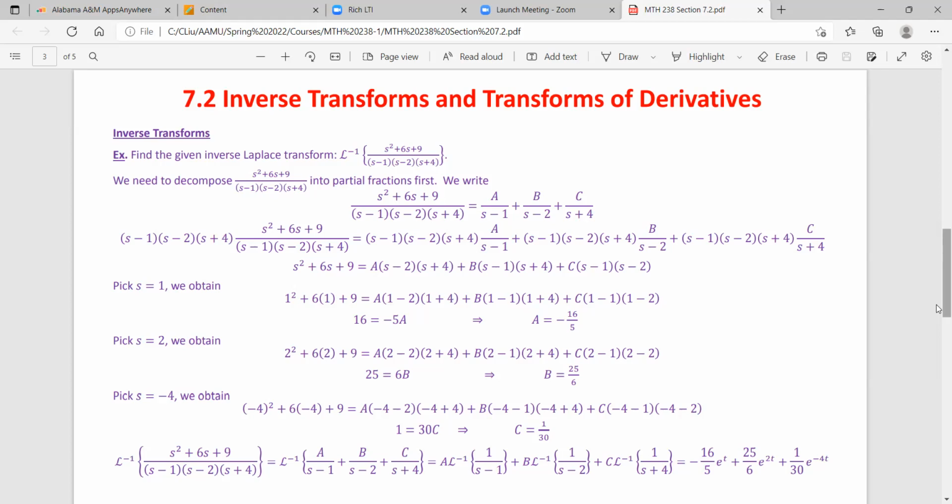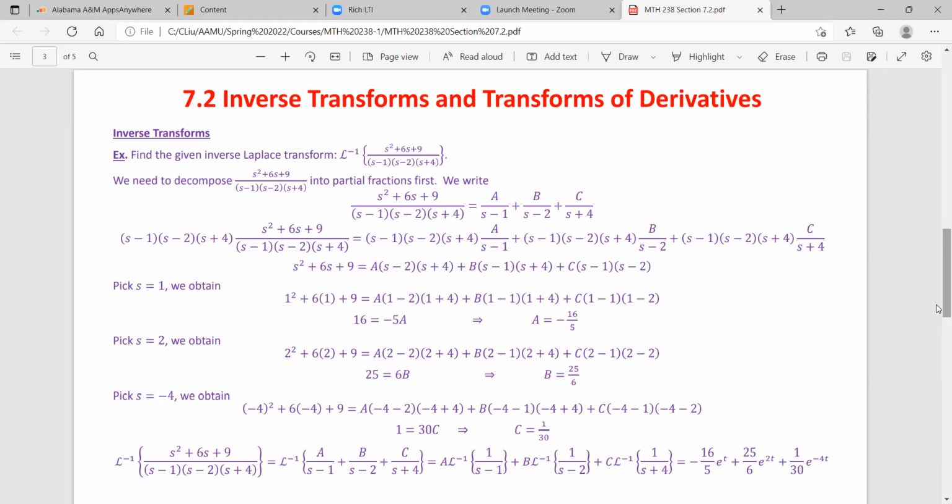So the first step is just to multiply by the least common denominator of all the denominators. The least common denominator will be s minus 1 times s minus 2 times s plus 4. If you look at all the denominators in this equation, that is all.